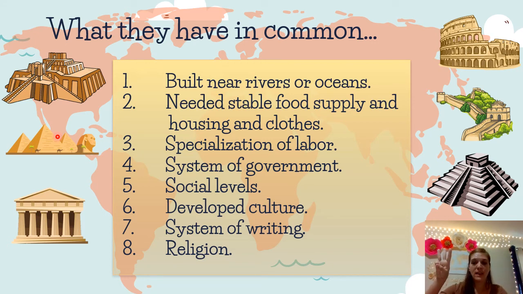Look at number three. These civilizations also had a specialization of labor. Say that one with me. Specialization of labor. ¿Qué significa eso? Labor is labor, trabajo. And specialization means that it was único. Most people in the civilization were granjeros, farmers, right? Okay.